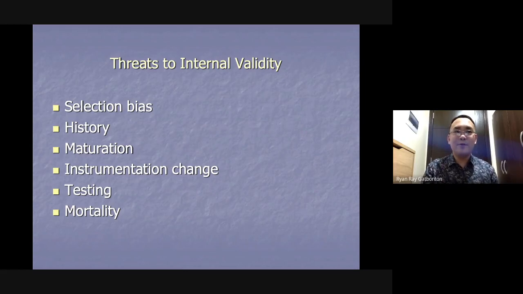Okay? So if they influence their preference into the outcome, the results might be biased. All right? So that's a threat to internal validity.